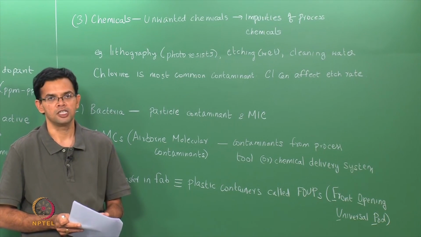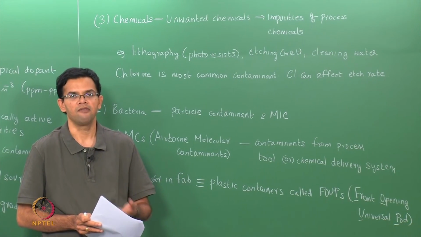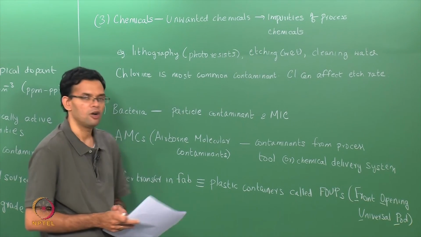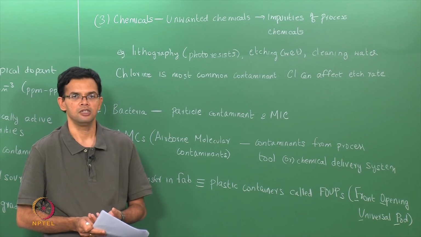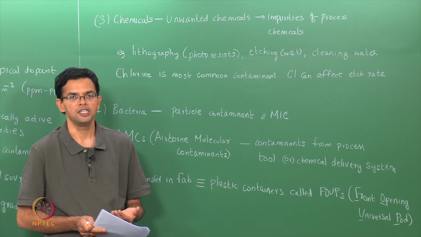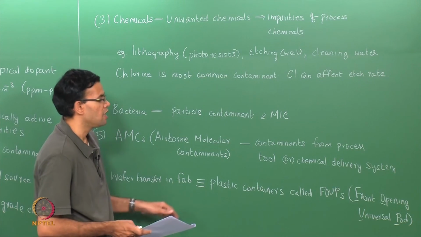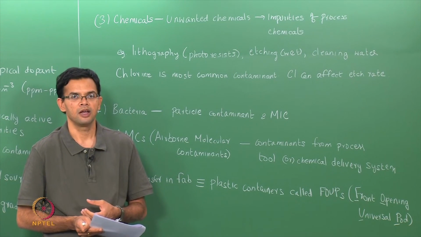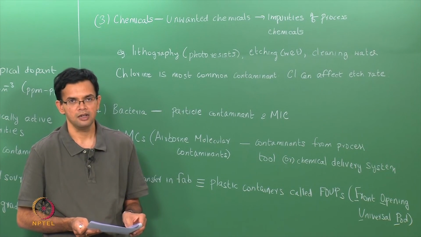Not all of these will be killer defects or killer contaminants, but some of them have the potential to be killer defects. So, usually some sort of a nitrogen purging is done in order to minimize contamination, but this can cause additional issues with the purity of nitrogen. So, the point is there are different types of contaminants for wafers in the fab, and all of these have to be minimized in order to improve the yield of the wafers.